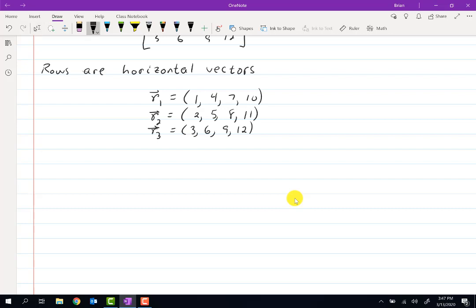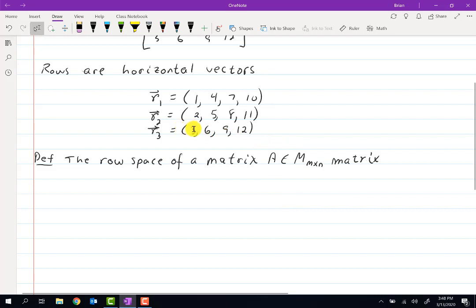So the definition: the row space of a matrix, let's say it is an M by N matrix. Then it has n columns, so each of our rows will have n parts to it.